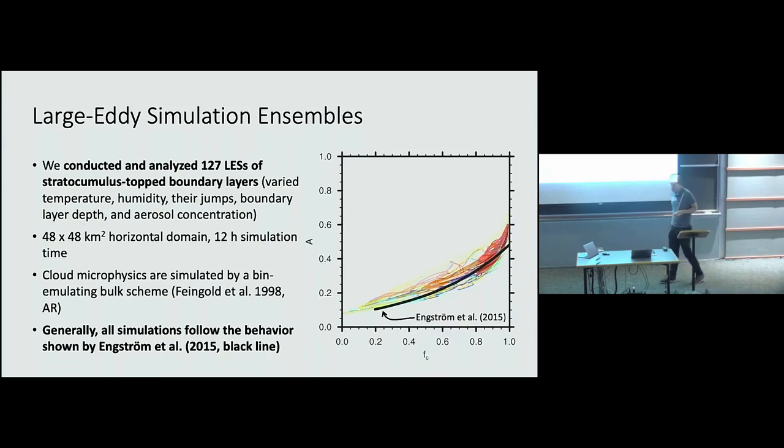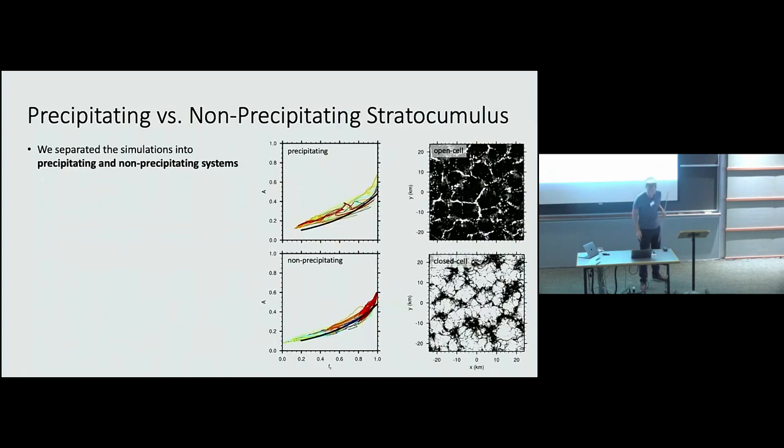So this is quite great, but we want to understand this a little bit better. So we started to separate these individual runs into precipitating and non-precipitating runs. We have seen before that the precipitating runs tend to form these open cell stratocumulus structures.